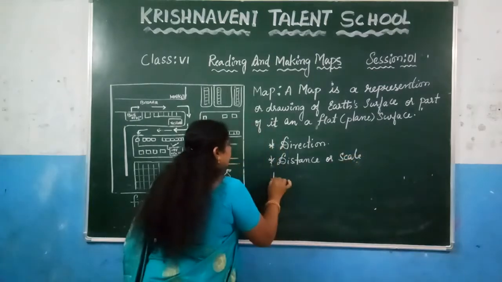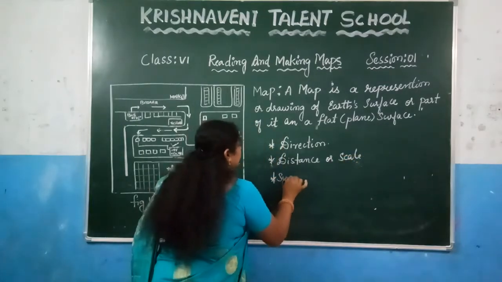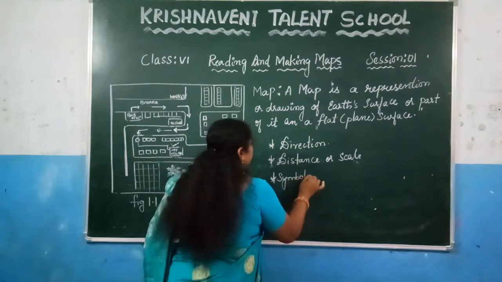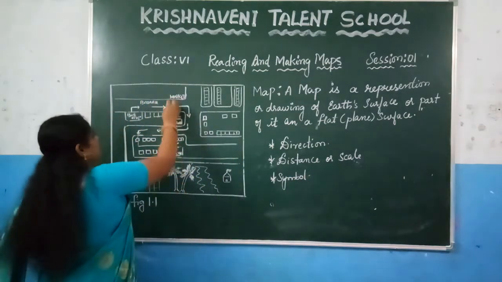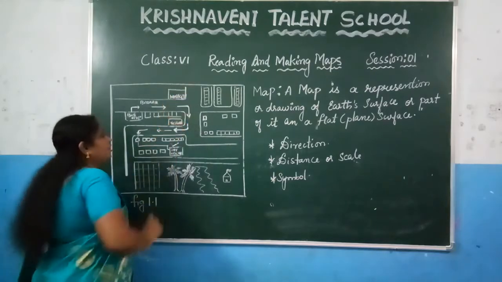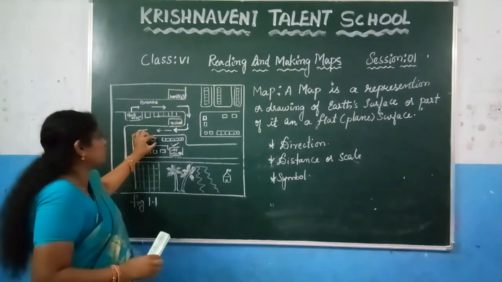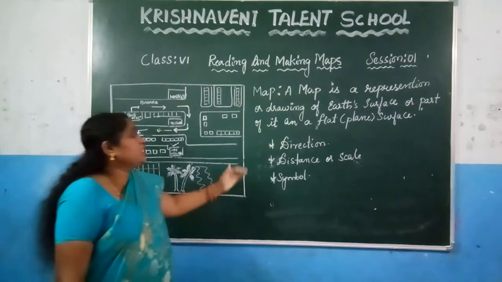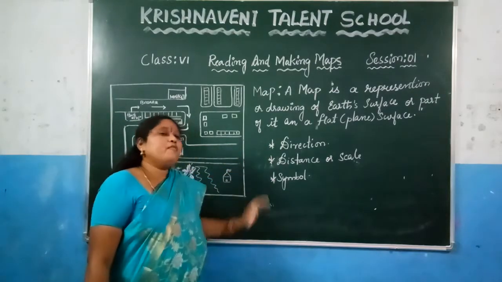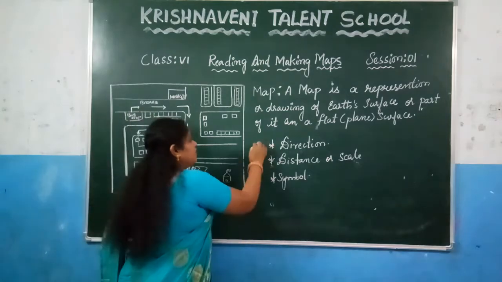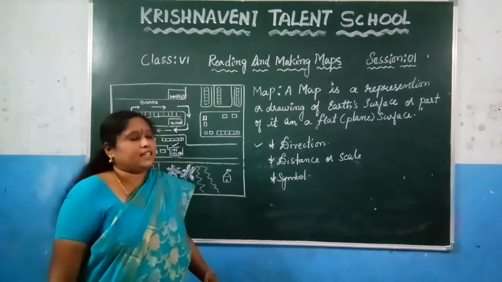The third one is symbols. Here in this map, she has used bazaar, market. She has mentioned all these things here. And she has mentioned the houses also as symbols. So these three things are the most important things in making of maps. First coming directions. Let us learn about directions.